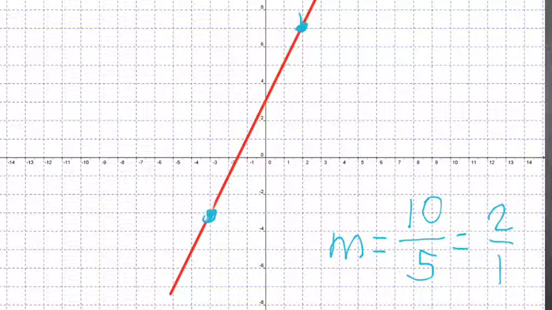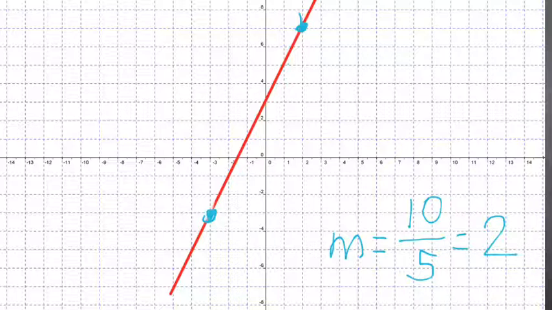2 over 1 is the same as saying 2. All right? This is an example of a slope that's an actual whole number, 2. But like we learned in the first couple of weeks, any whole number, we already know it's over 1, right? So right now we are finding the slope of a line.